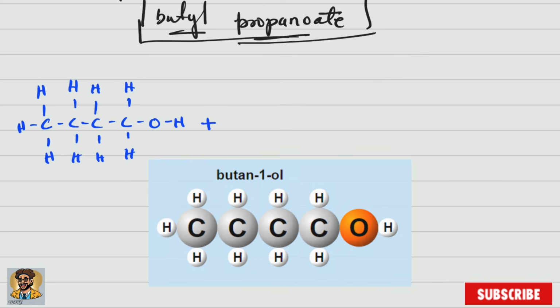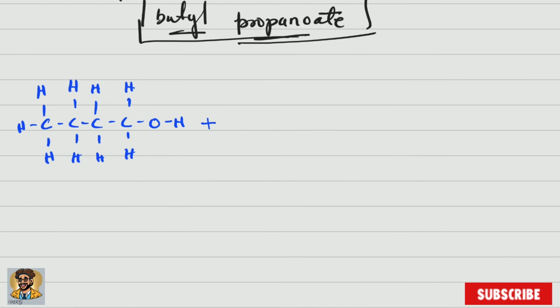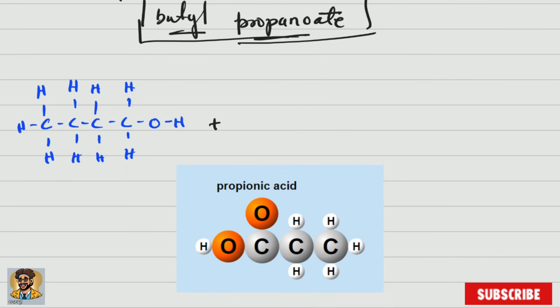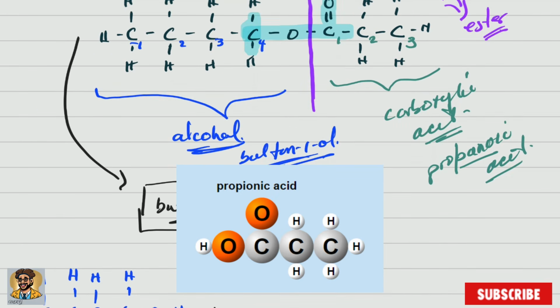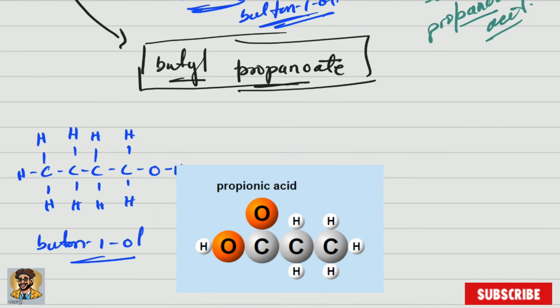So this is going to be the alcohol involved in that chemical reaction. To this one you are going to add now an acid. What acid was involved? Maybe we should write the name here, butan-1-ol. What was the acid involved? Propanoic acid. It was propanoic acid, 3 carbons only. So now it's coming the acid.